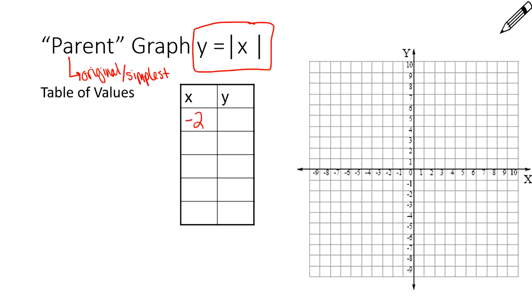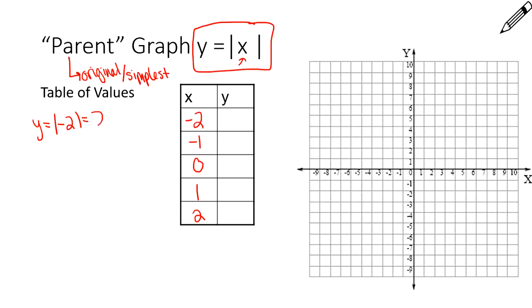So I'm going to pick some negative numbers, 0, and some positive numbers. Those are typically the numbers that we always want to pick when we're doing a parent function, just to see what happens on both sides of the graph, the negative side, the 0, and the positive side, okay? So if I plug in -2 for x, I'm going to solve y is equal to the absolute value of -2.